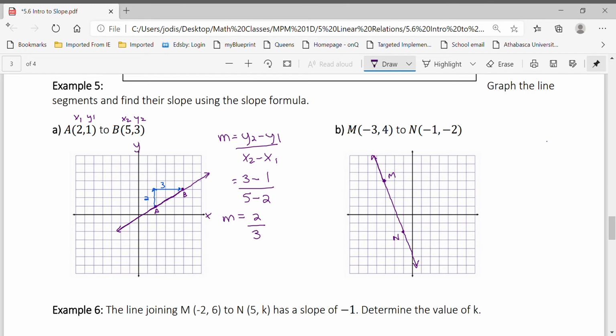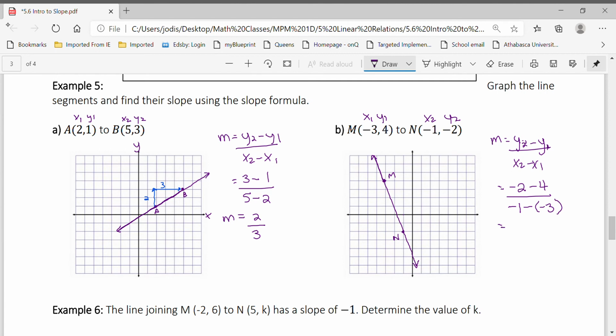So again, let's try to calculate the slope using our formula. y2 minus y1 over x2 minus x1. So I'm going to label again. So this is x1, y1, and x2, y2. So y2 is -2 minus y1 is 4. And then x2 is -1 minus x1 is -3.